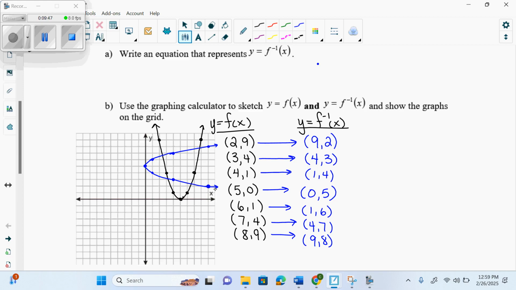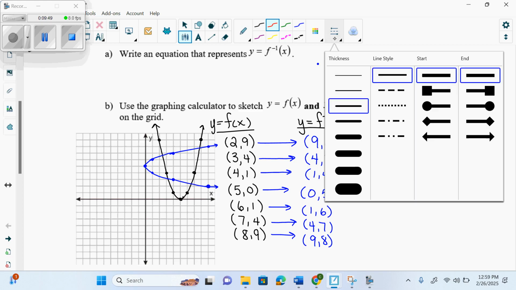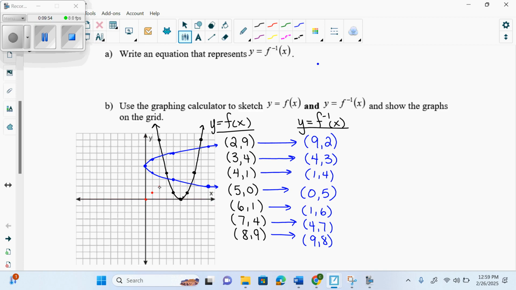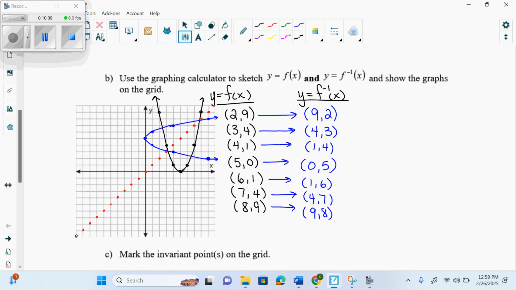And these are reflecting on the identity line. I'm going to draw the identity line as a dashed line. So it goes through all of the 1, 1, 2, 2, 3, 3, 4, 4, these. And I'm drawing it as a dashed line so that we know it's not actually part of the graph.